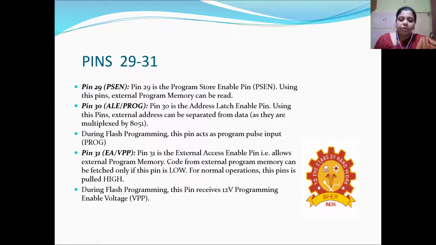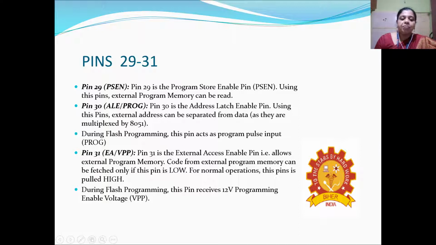Then the program signal is used during flash programming. This pin's purpose is to provide the program pulse input during flash programming. And pin 31 also has two functions: external access and VPP. When the signal is high, it will act like a VPP signal, and when the signal is low, it will act like an EA, external access signal.